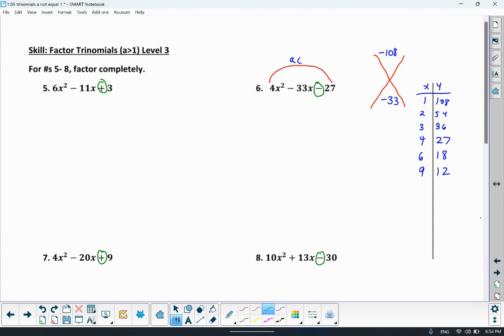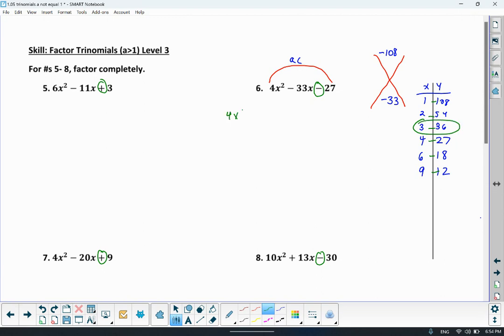Okay, so getting back to the problem, I want to end up with a negative 33, and I know I have a negative 108. That means the signs are different, and the larger number is going to take the negative. So that helps. So which one gives a negative 33? 3 and negative 36.